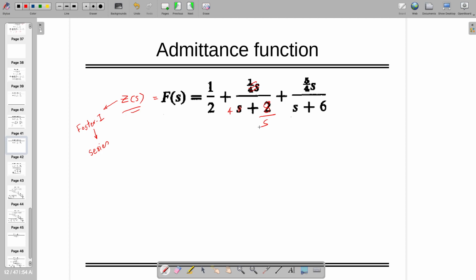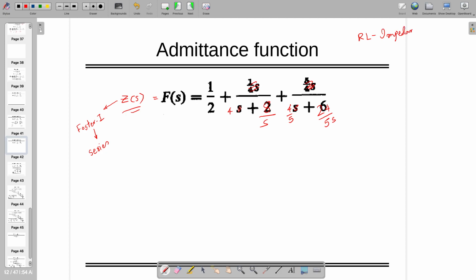Right? So is it RC or RL? Okay. That should be known when we started this topic.